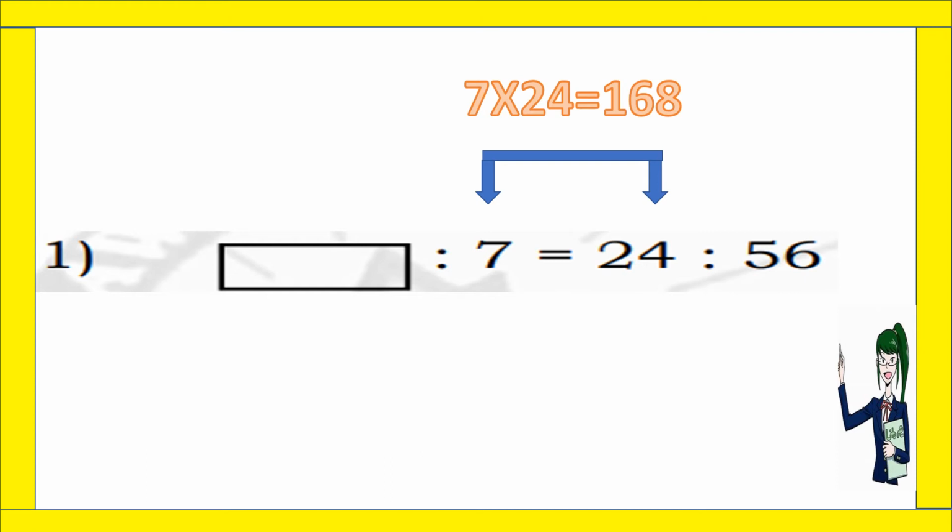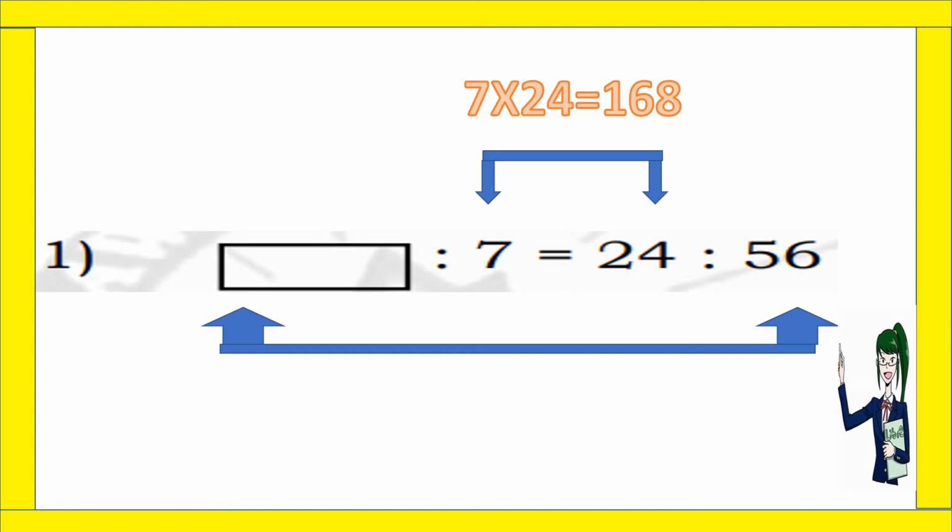Is it the means or the extremes? Here, the complete are the means. So get the product of the means. 7 times 24 equals 168. Then divide by the extreme. 168 divided by 56 equals 3. So the answer is 3.